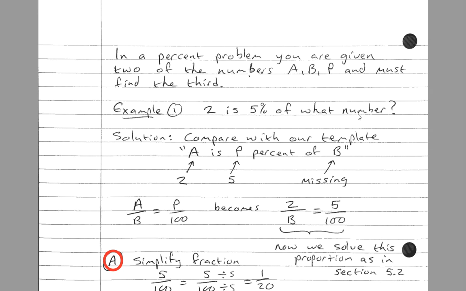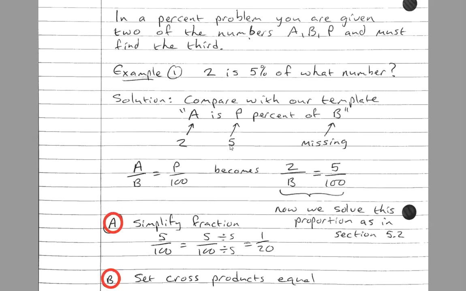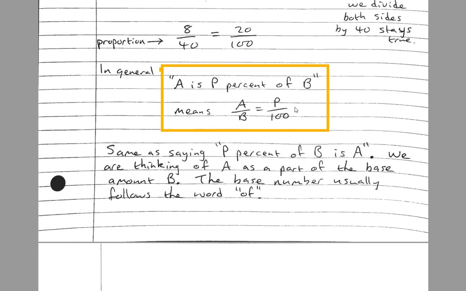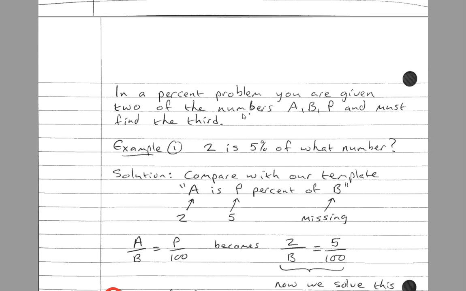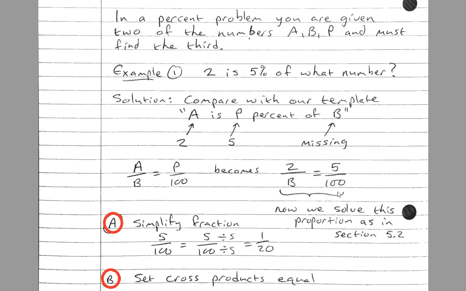So A is 2, B is missing, P is 5, and our formula turns into this.